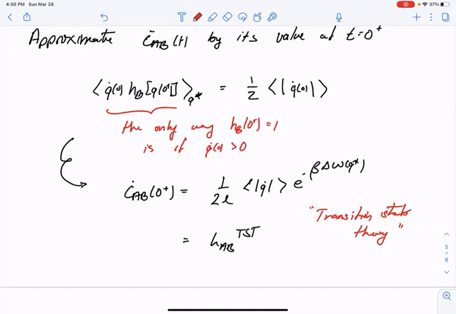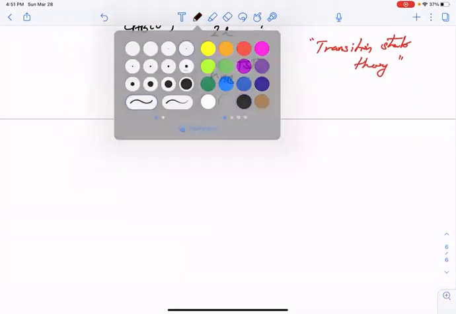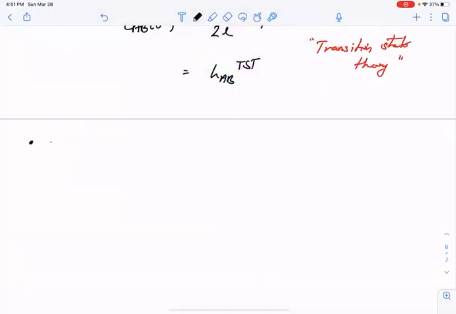But it is an approximation, and so it behooves us to understand exactly what that approximation is. So what have we thrown out by taking this short time limit? And when can transition state theory really go awry?